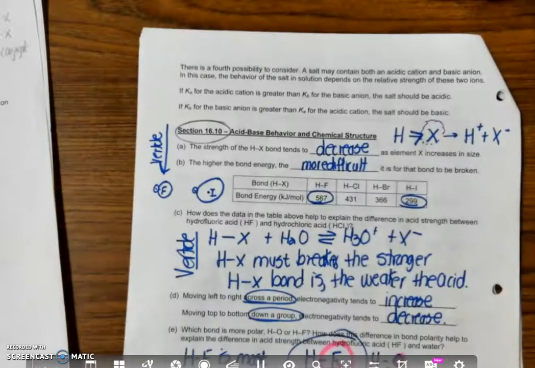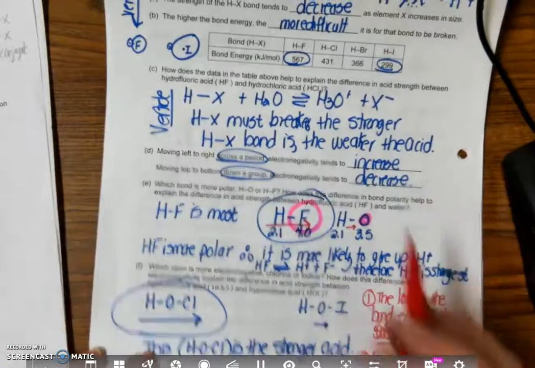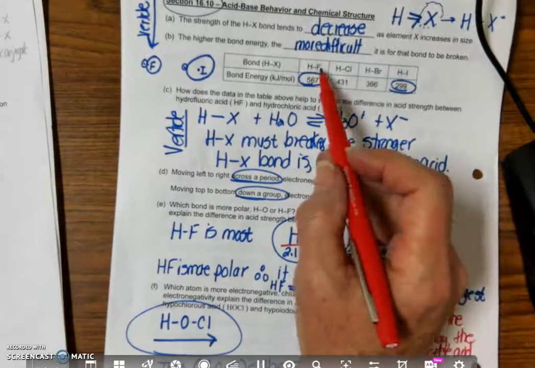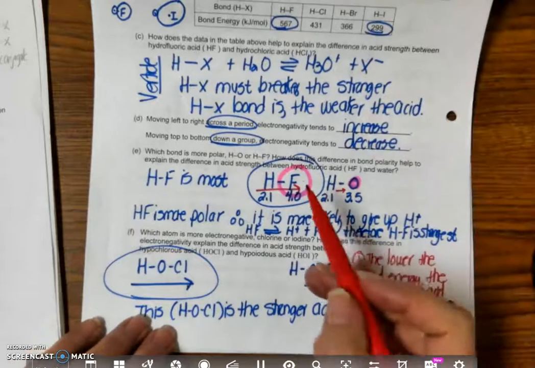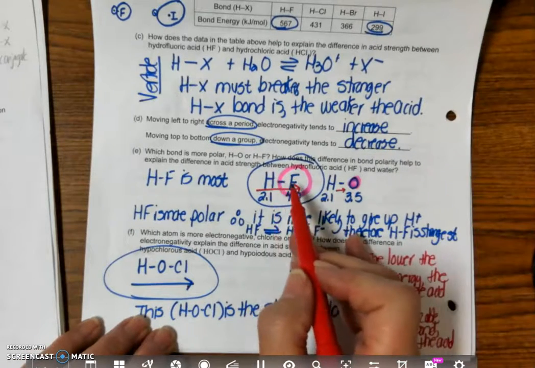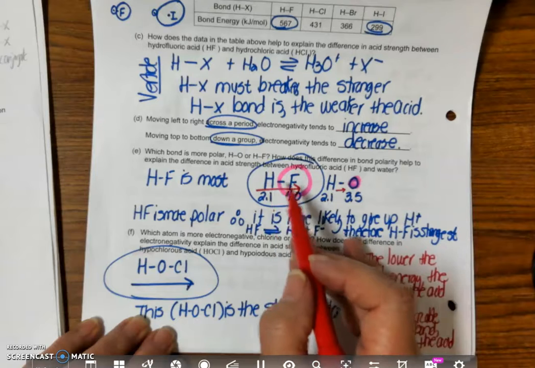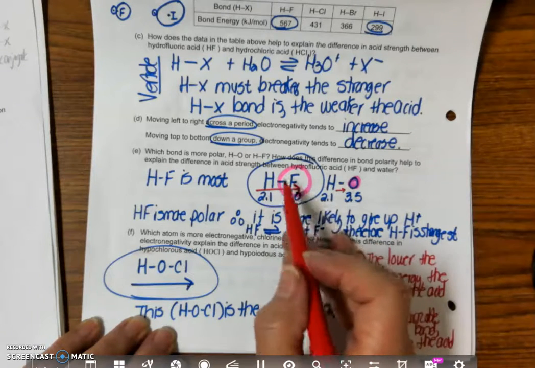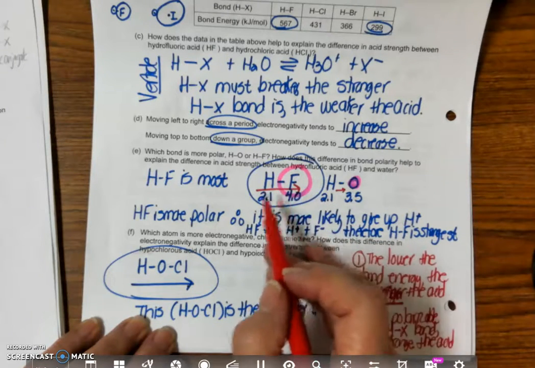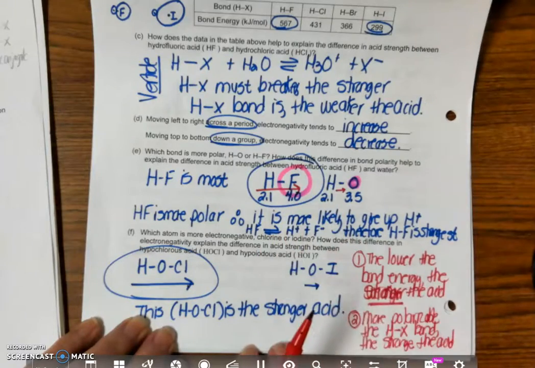So in reviewing, we learned 1, the lower the bond energy, the stronger the acid, right? Because it's easier to break that bond. 2, the more polarizable the bond. So if there's a more electronegative atom next to the proton, the more polarizable it is, or the greater the difference between these two, the stronger the acid.